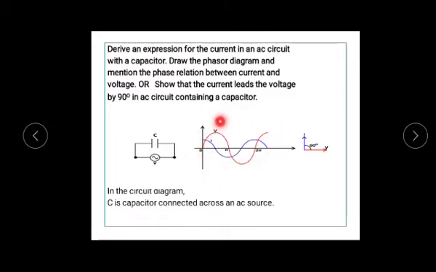You can see two colored waves here, one red and another blue. This red wave is for voltage and this blue wave is for current. You can just observe the graph here. You can understand current leads the voltage by pi by 2. Then this is phasor diagram.